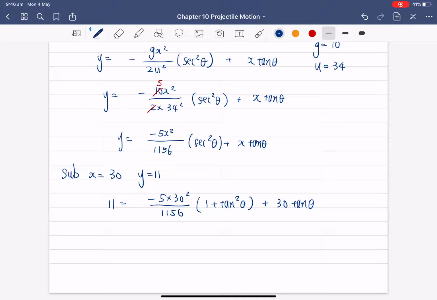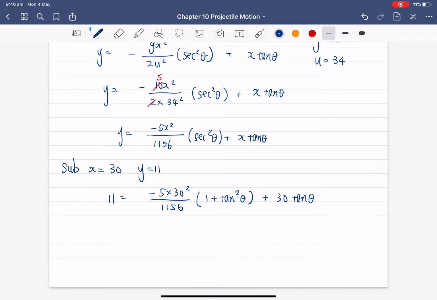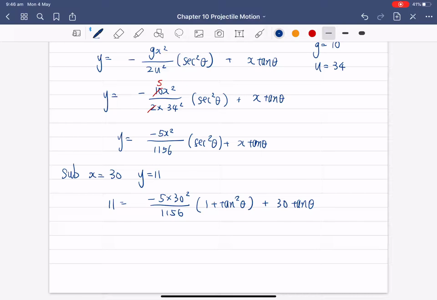The problem I have right now is I don't have a scientific calculator with me. I should bring one. Anyway, I'm just going to rewrite this. So that becomes our quadratic equation.